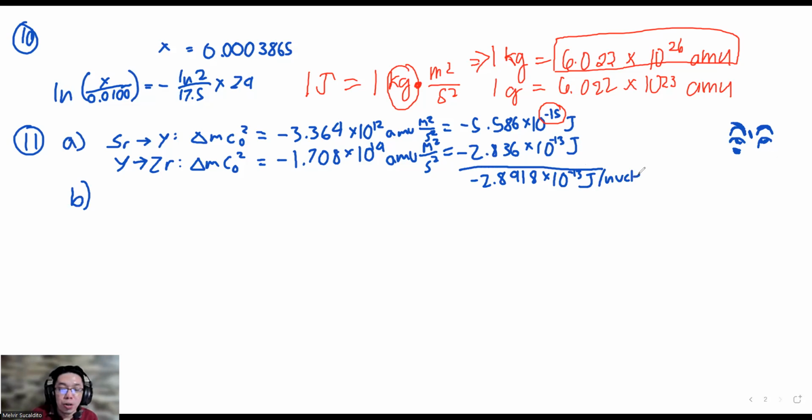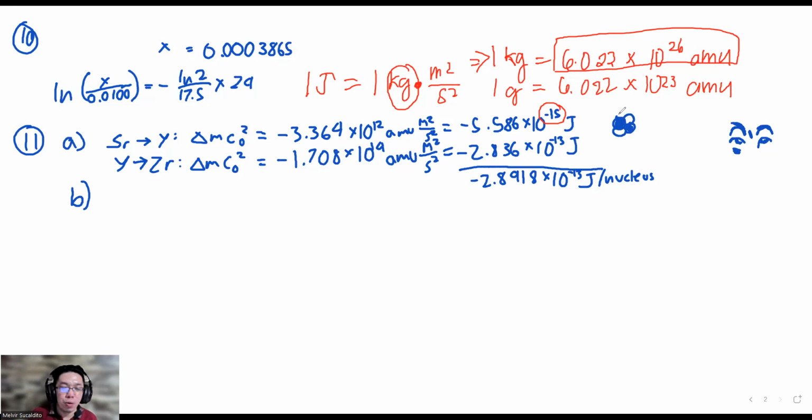So Josh, if one strontium-90 decays into zirconium-90, 2.8918 times 10 to the negative 13 joule will be released. Okay? Next, for letter B, what we're looking for is the moles of strontium-90 that will decay in a year.